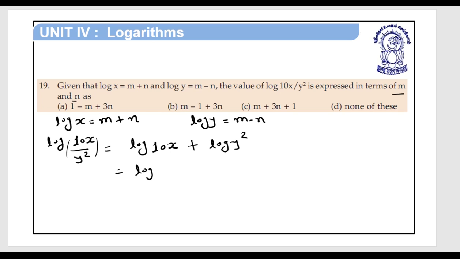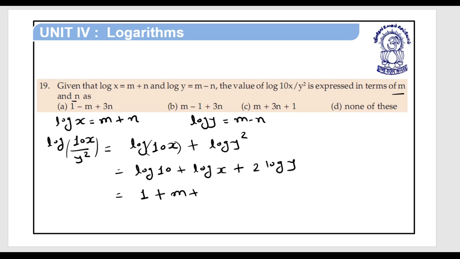So log 10 into x, so log 10 plus log x plus log y square, so 2 log y. Here common base is 10, so log 10 to the base 10 is equal to 1, so put the value 1.